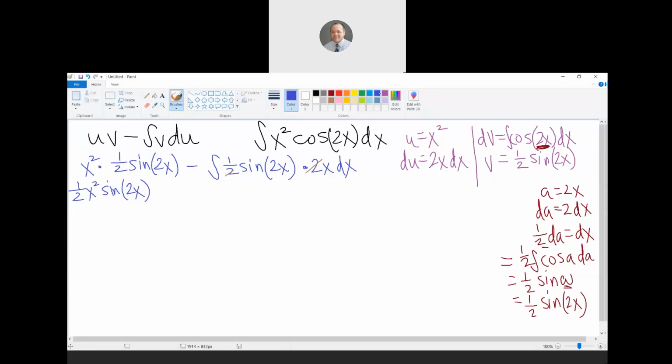And that leaves us with minus the integral of x times sine of 2x. Well, we still can't integrate that by conventional means, so we have to use integration by parts again. Are there any questions about using parts the first go around?